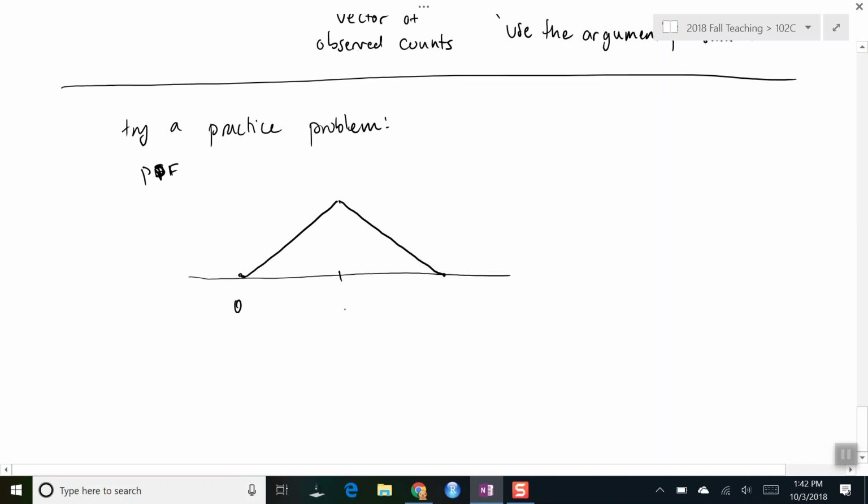What if your PDF looks like this? Okay, let's say it goes from 0 to, I don't know, 0.5 to 1. How tall does this thing have to be, right?